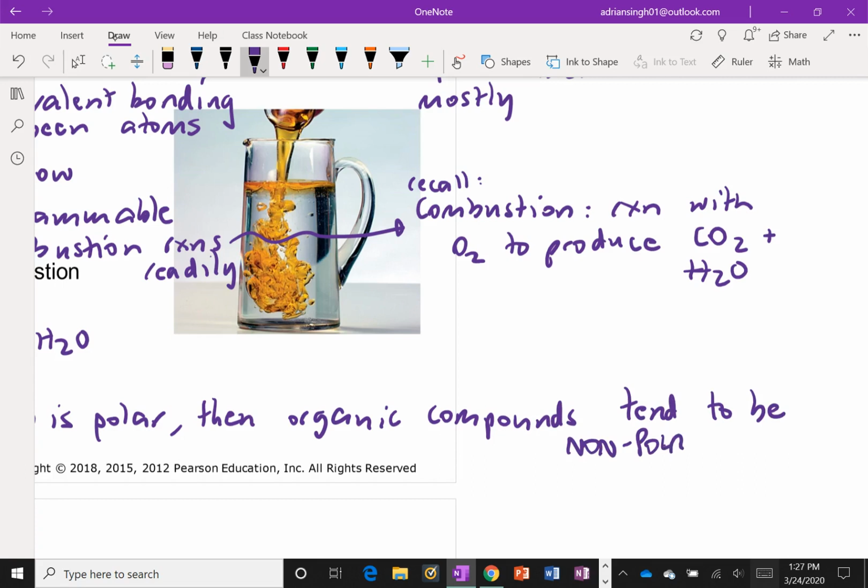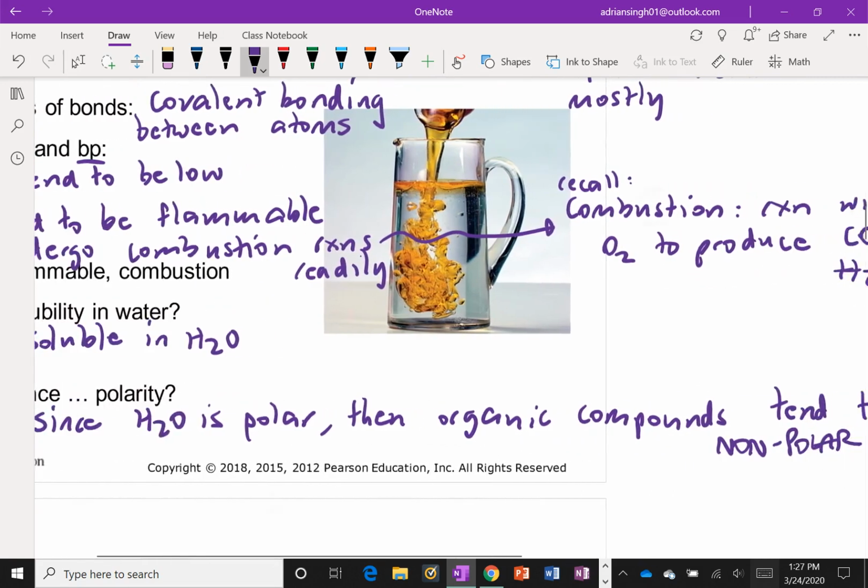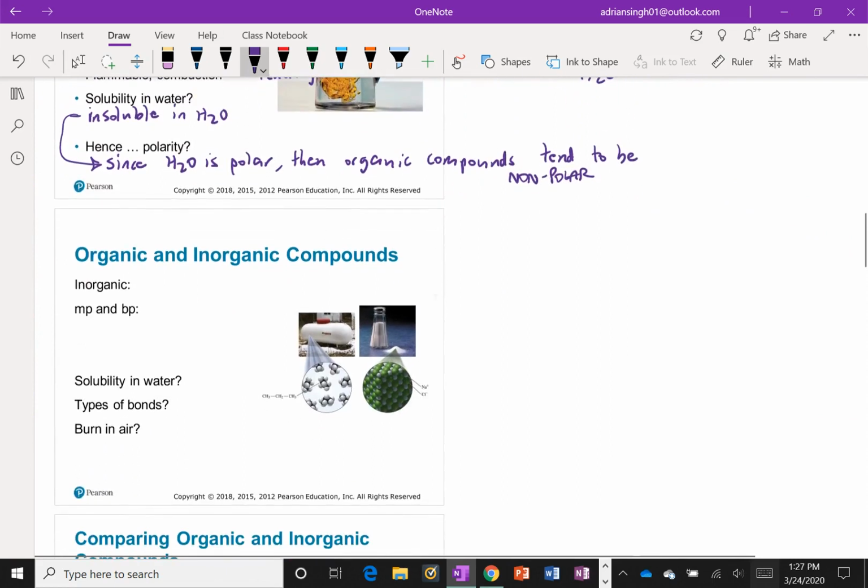These are some general trends. There are always exceptions, but we're just looking generally at some of the characteristics.